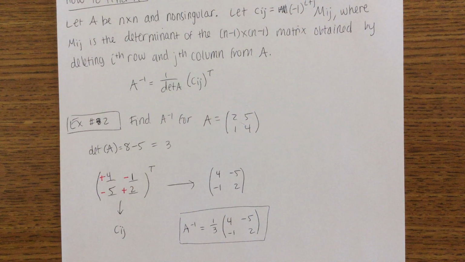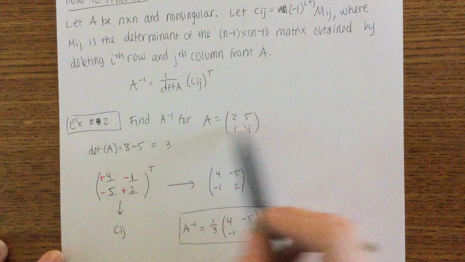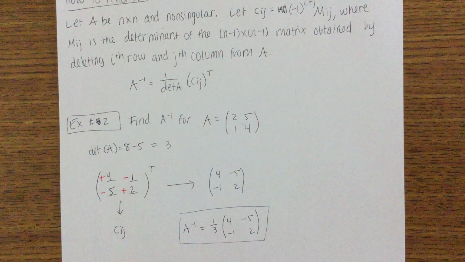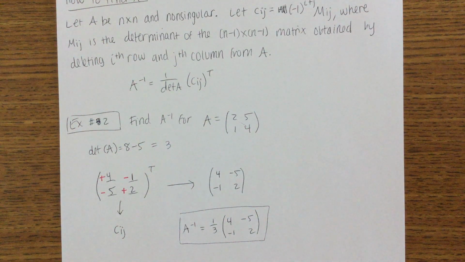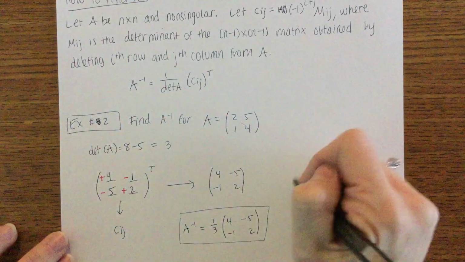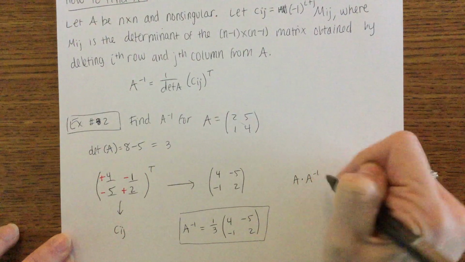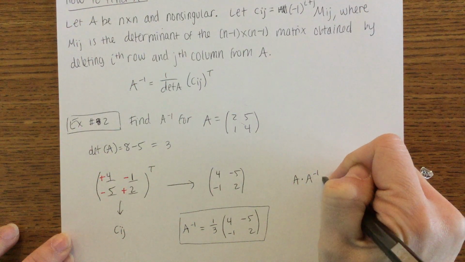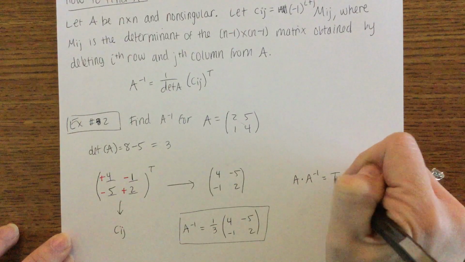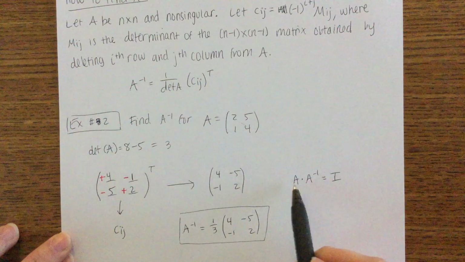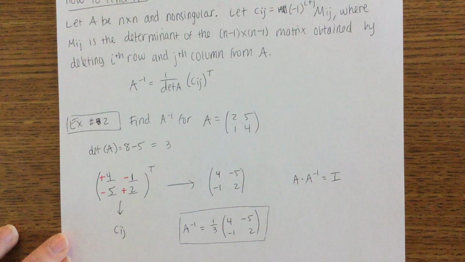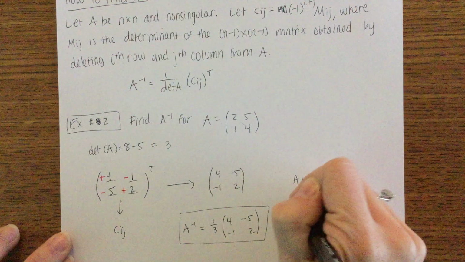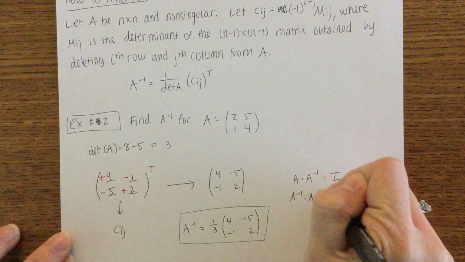Okay. If I asked you to verify that A and this matrix were in fact inverses, what would you do? Multiply them. And what should you get? 1, 0, 0, 1. Right, the identity matrix. If I multiply this way and I get the identity, am I done? No. You have to multiply the other way as well.